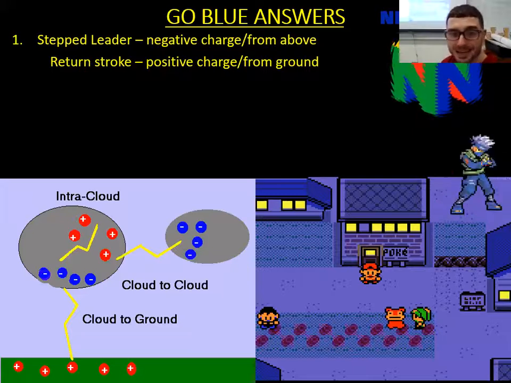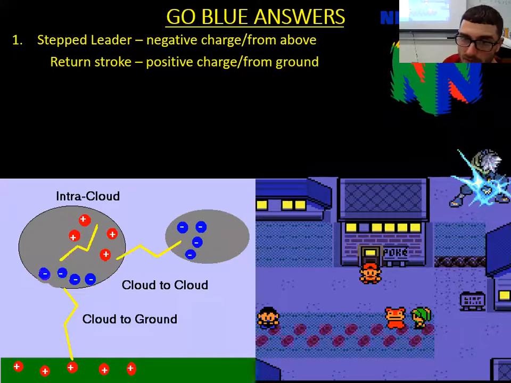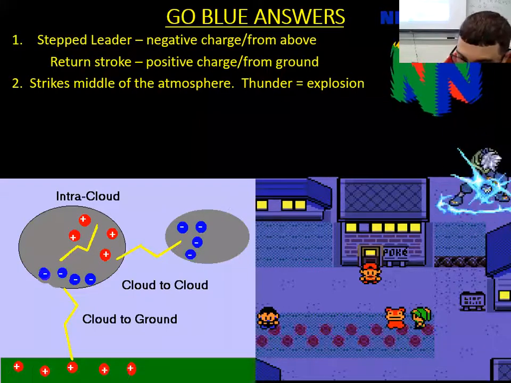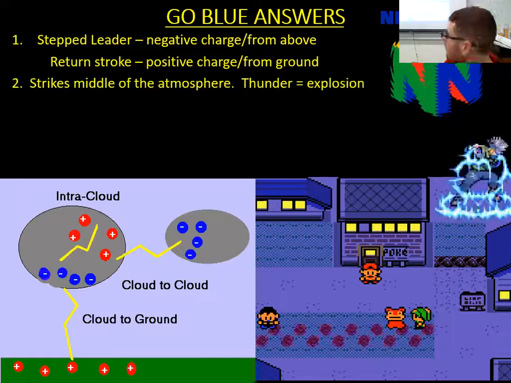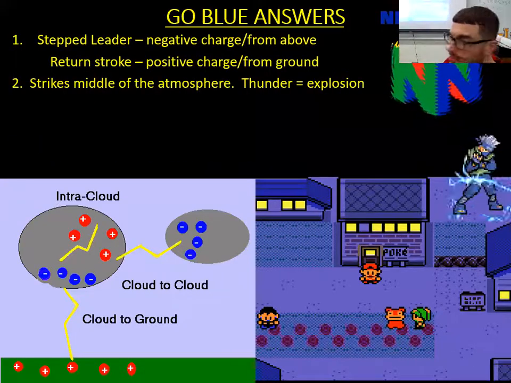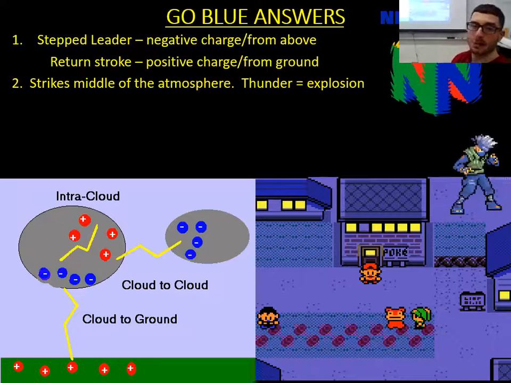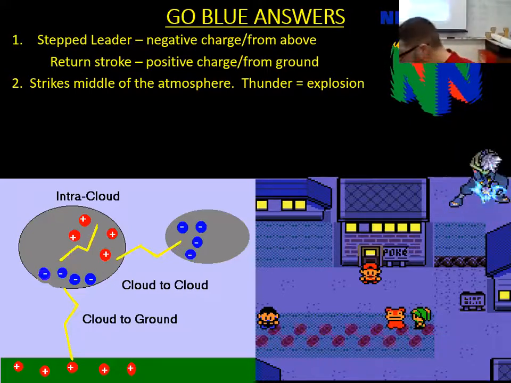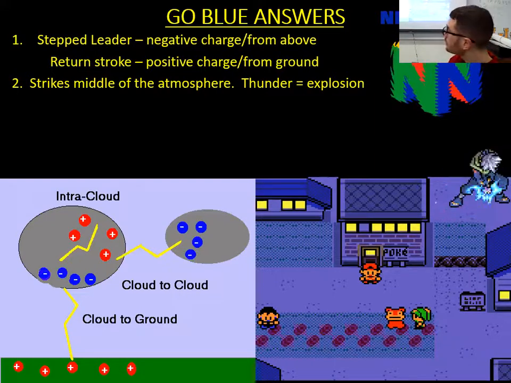So with that being said, is it going to strike the ground or strike the air? Well, it's going to be striking the middle of the atmosphere. And also, what is thunder? When it strikes, because again, 1 bolt comes out of the ground, 1 bolt comes from the bottom of the cloud, opposite charges attract. And if you guys remember, the speed of light is faster than the speed of sound.